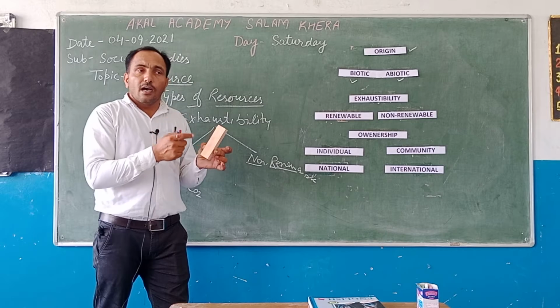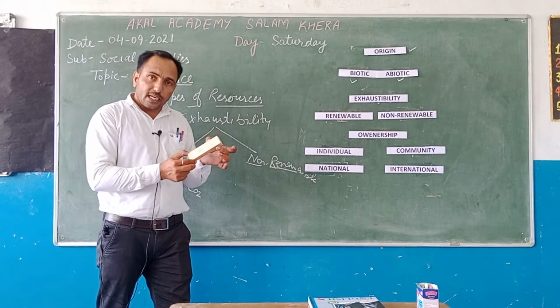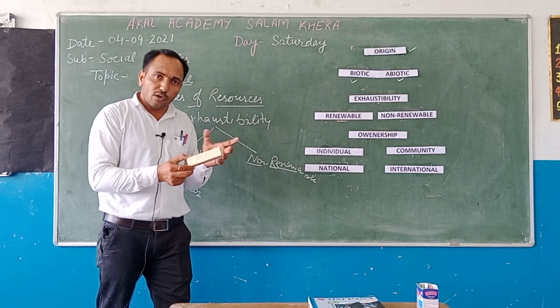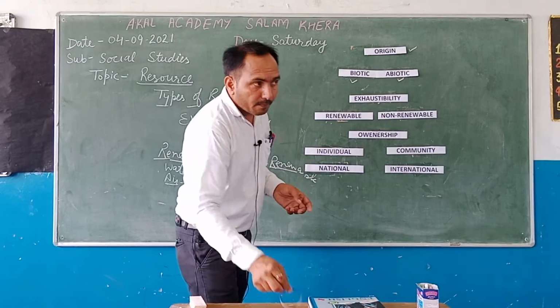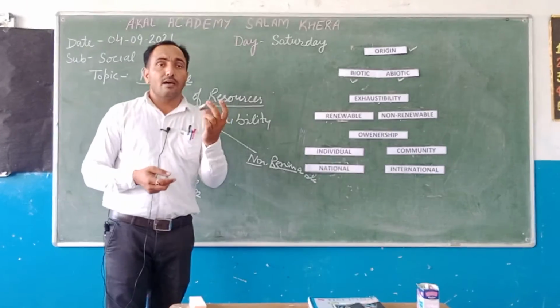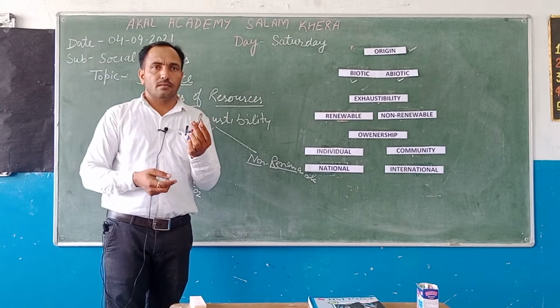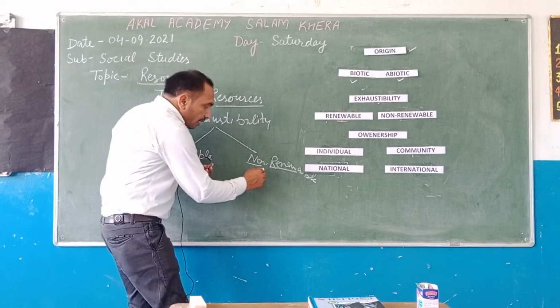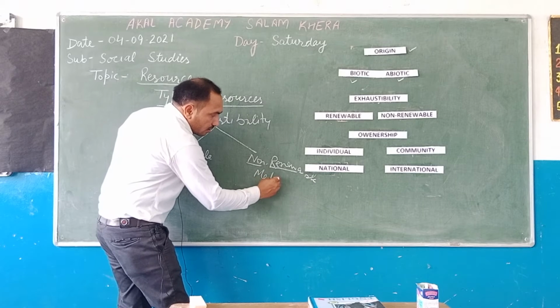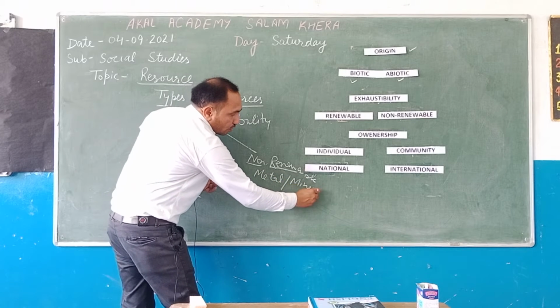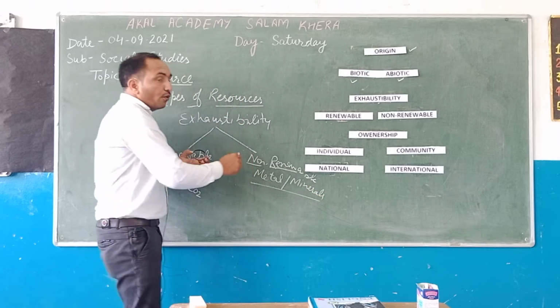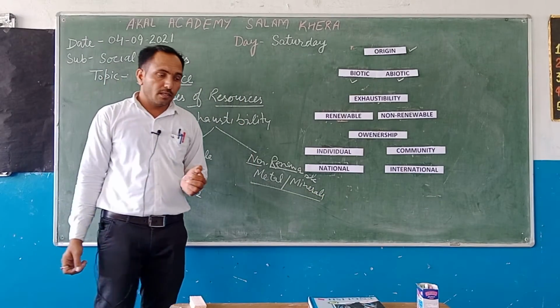With wood we can make them. It will not regenerate by itself. This is made of metal, iron. Clear? This is metal. All the minerals are also part of the non-renewable resources.